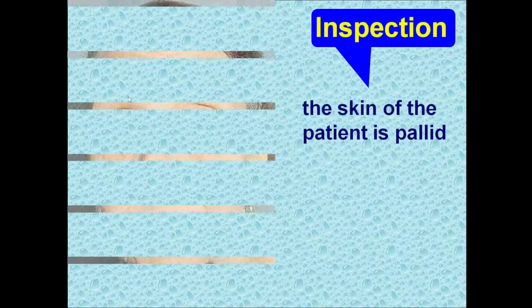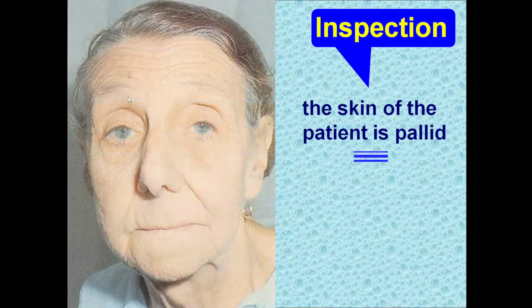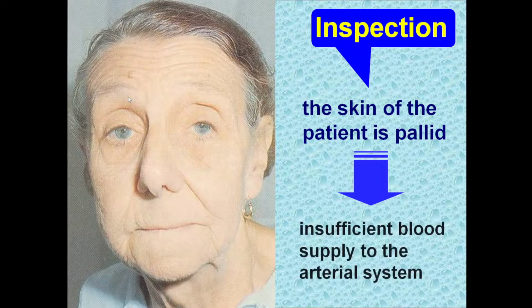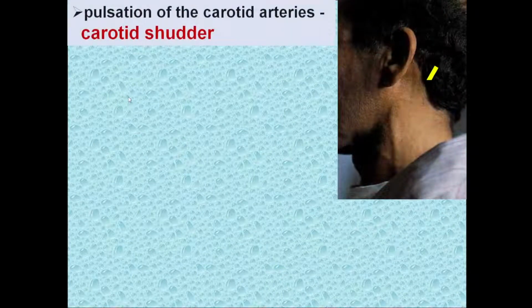On inspection, again, in white heart defect, there is pale skin of the patient due to insufficient blood supply to the arterial system. We can see specific signs which are characteristic only for aortic heart defect. This is a heart defect which is very rich with visible signs.